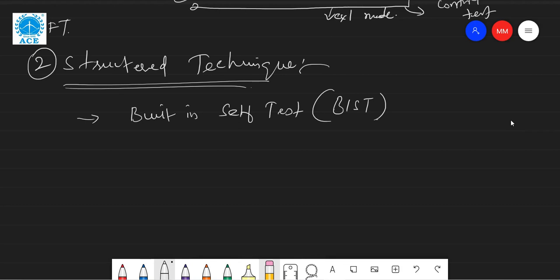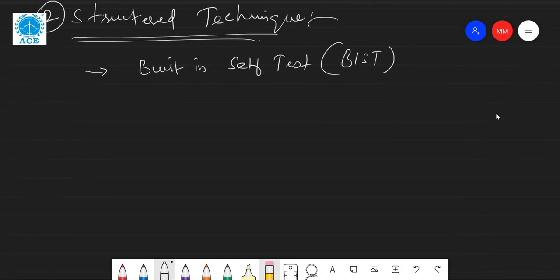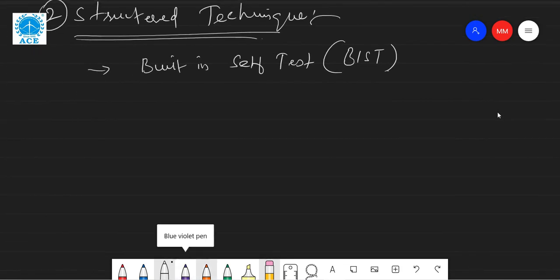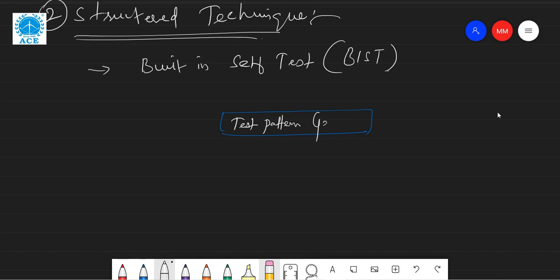So the basic structure of BIST, how it will operate basically, we have test pattern generation, generally it is called TPG.